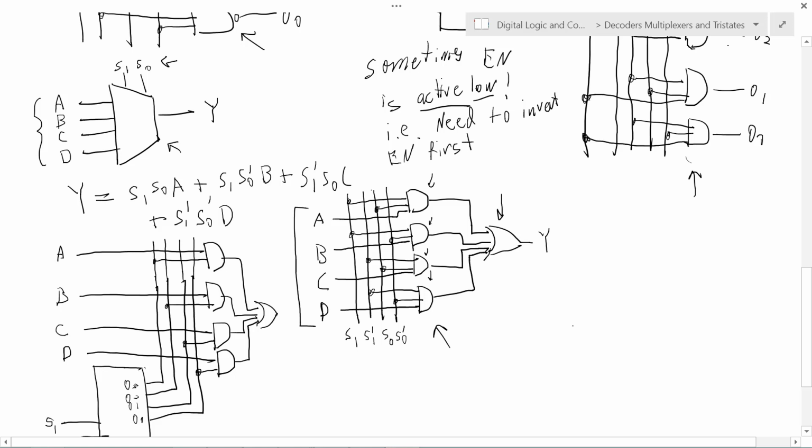Remember, let's use T, U, and V. So T and U and V, on a 3-input AND gate, is equal to T ANDed with U, ANDed with V. So this would be a 2-input AND, 2-input AND, and this would be 3-input AND.